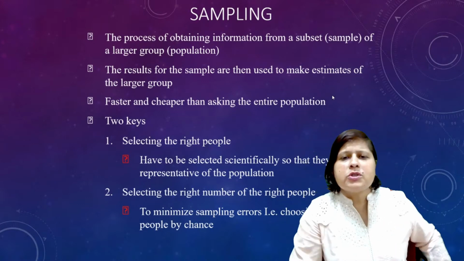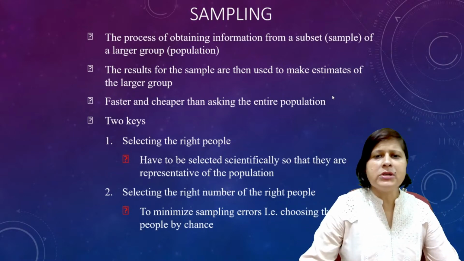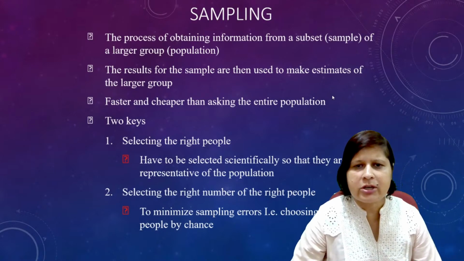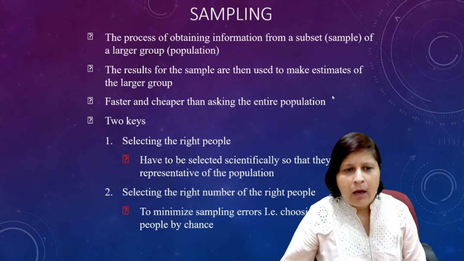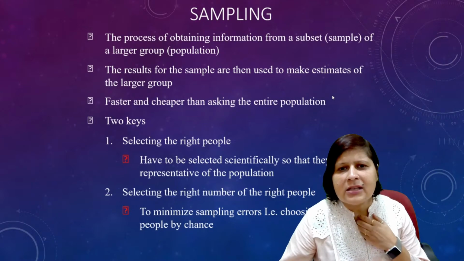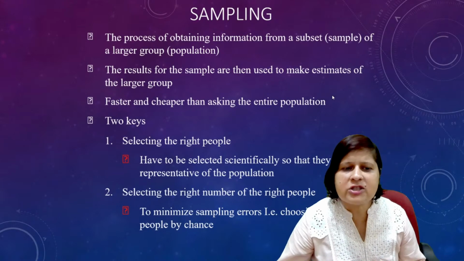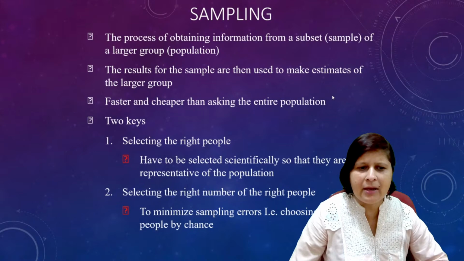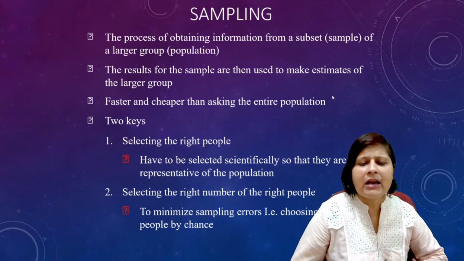So when we want to study a particular population, then we choose sample units. We choose the units from that population, and those sampling units are known as the samples. Faster and cheaper. This study of the sample, that is generalizing the result or estimating the results of a larger group on the basis of a sample, is faster and cheaper than studying the entire population.